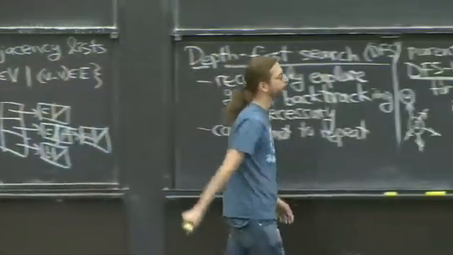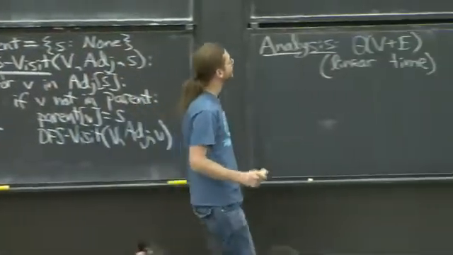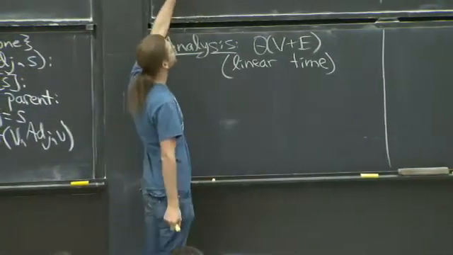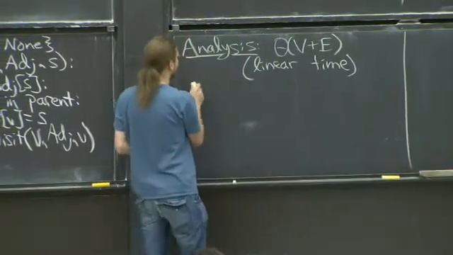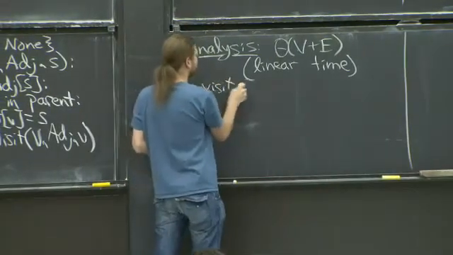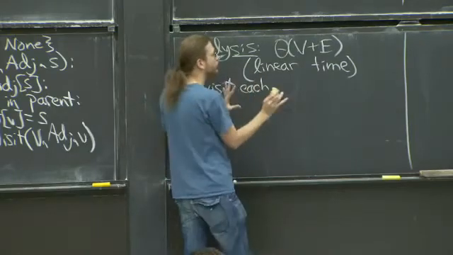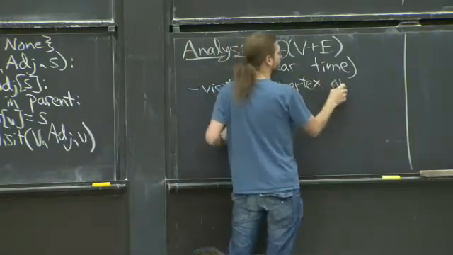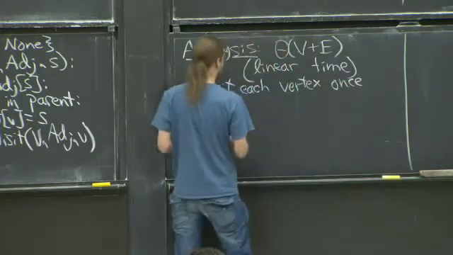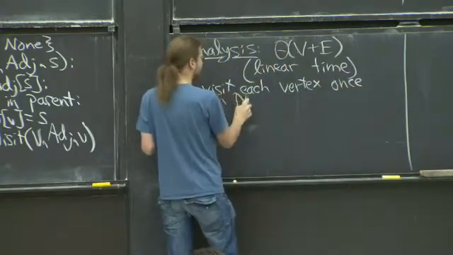The reason it's order V plus E is, well, first, as you were saying, you're visiting every vertex once in this outer loop, not worrying about the recursion, in DFS alone.